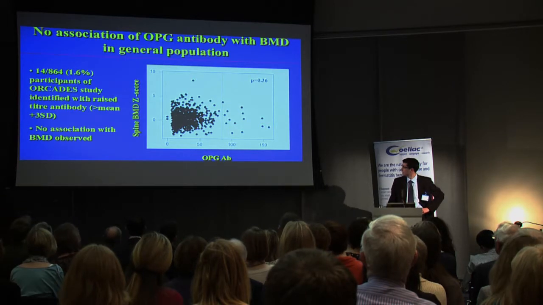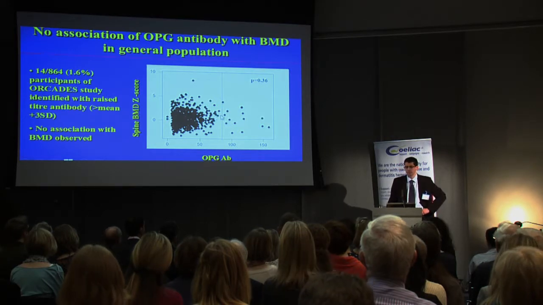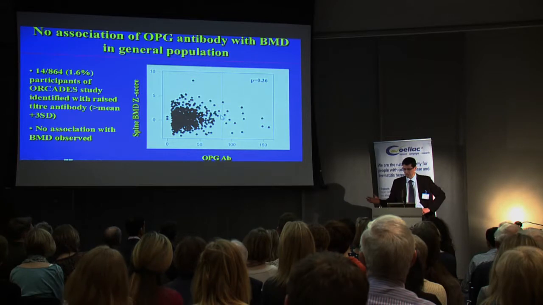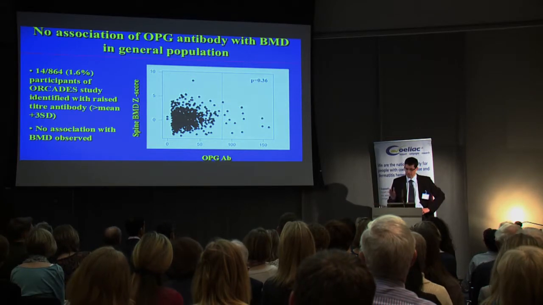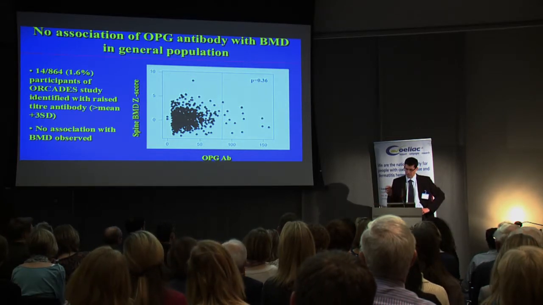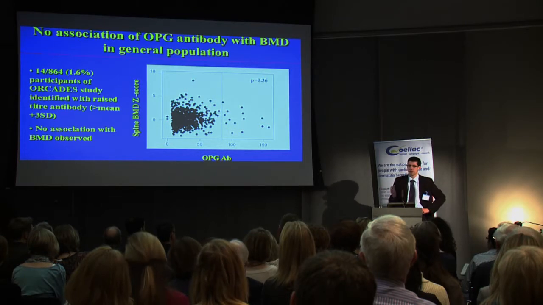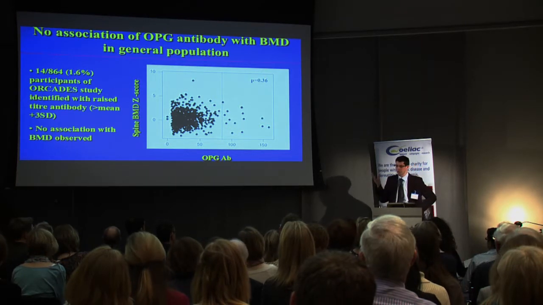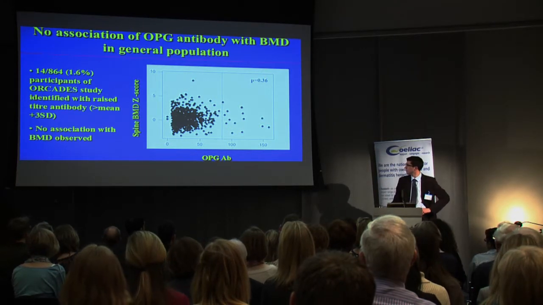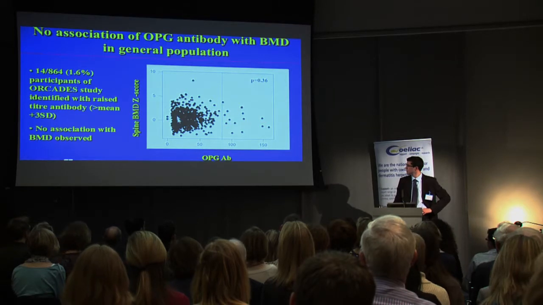You get a lot of low levels of antibodies, and some which we now defined as positive, so you get a spectrum of results. At some point you have to either define your antibody by the absolute titer, or make a cutoff of what is positive or negative. And we took a cutoff of the mean of a healthy population plus 3 standard deviations, and that was represented by this line here.